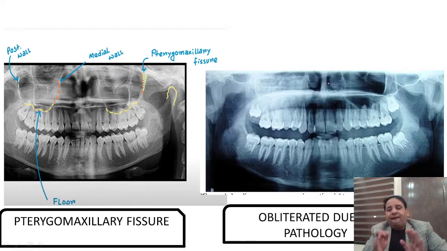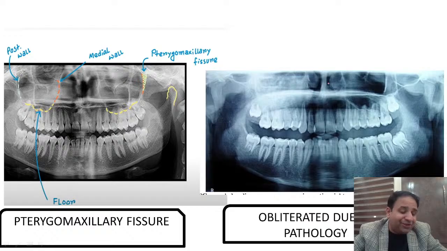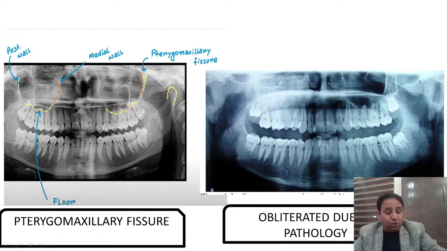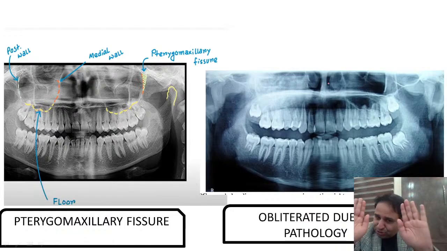So students, these are two OPGs and I'm showing these OPGs not to tell you any pathology. Jyoti is asking, sir, please quickly differentiate between peripheral giant cell granuloma and CGCG, and then how to differentiate between OKC and unicystic ameloblastoma in OPG. I'm coming to all these things.